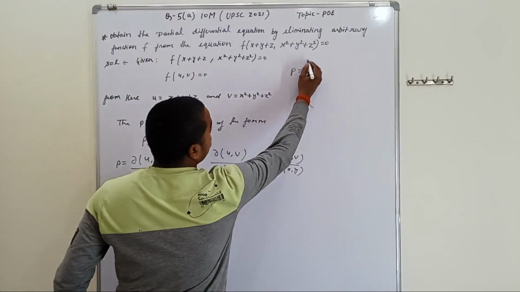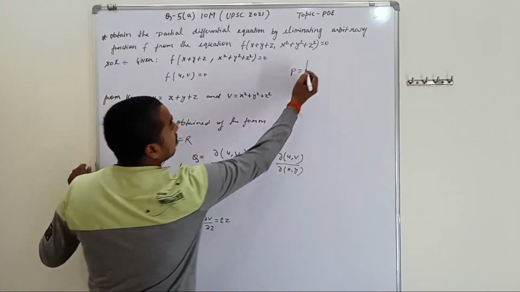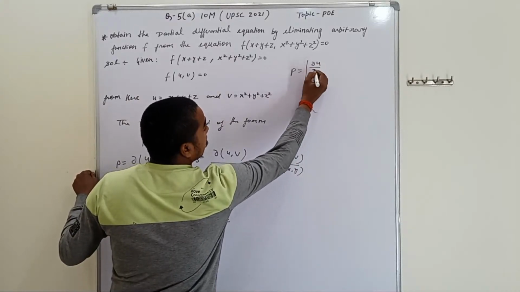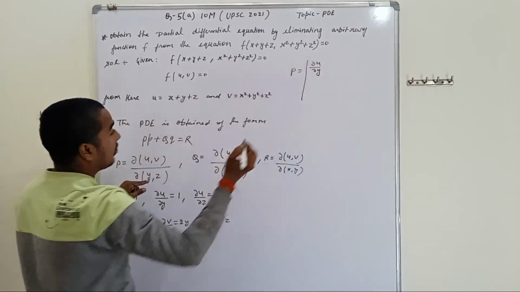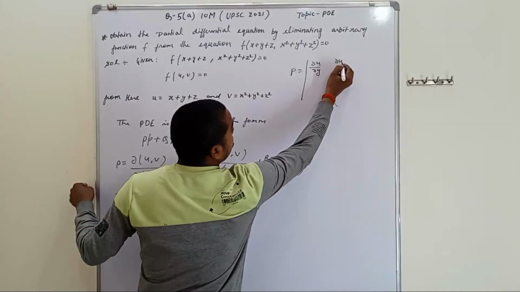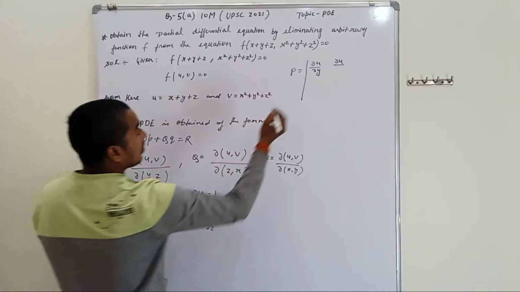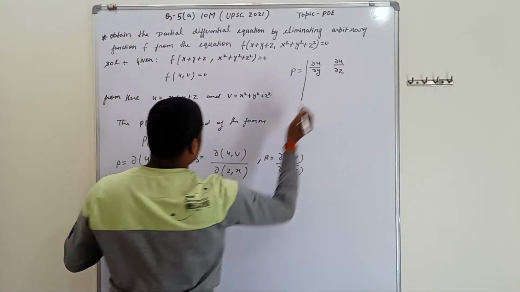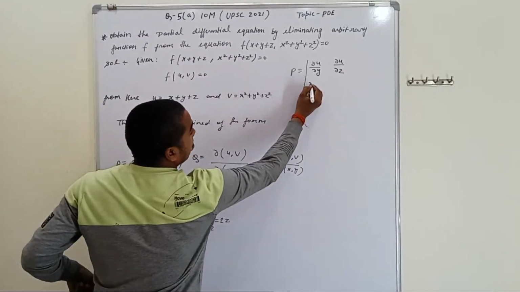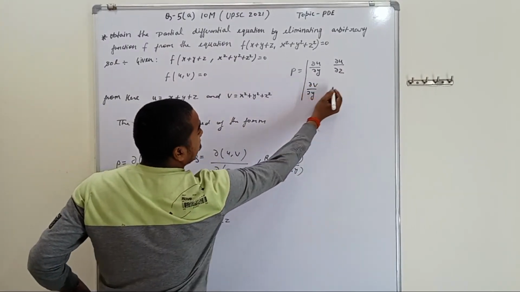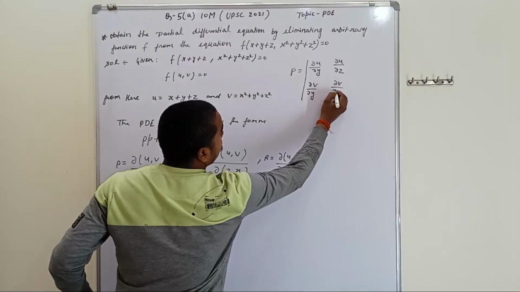P is equal to the determinant of del u upon del y and del u upon del z over del v upon del y and del v upon del z.